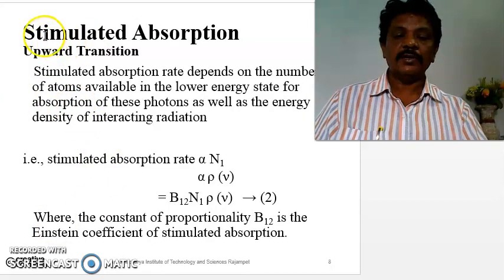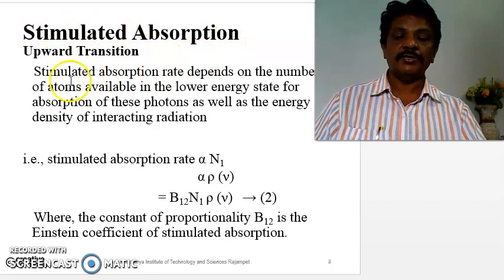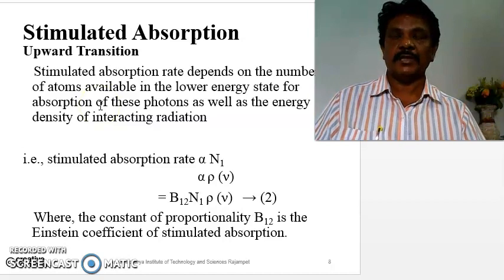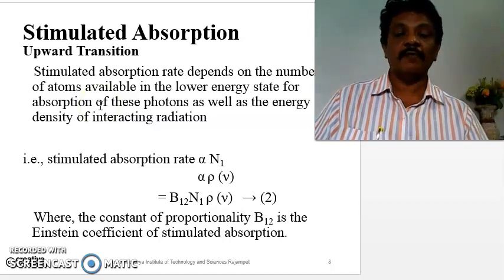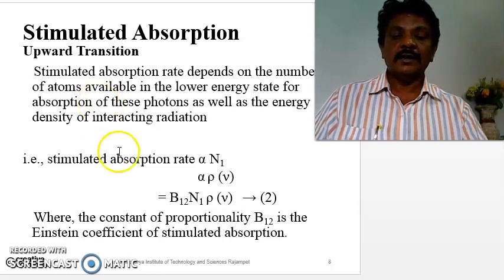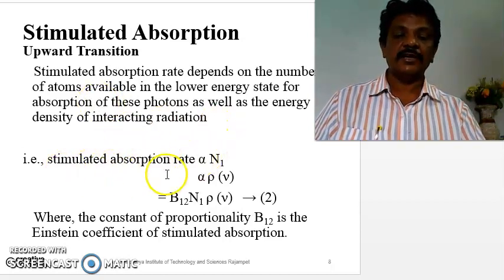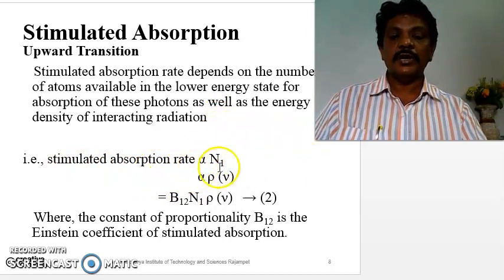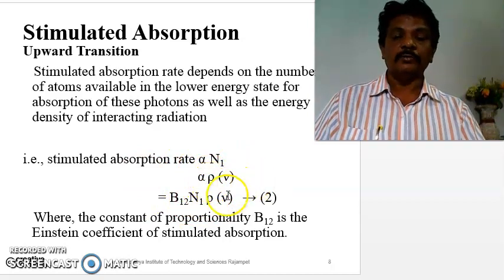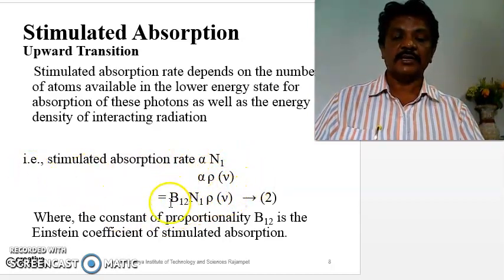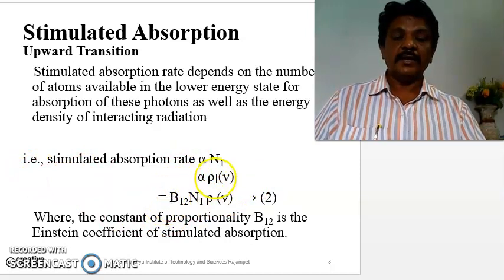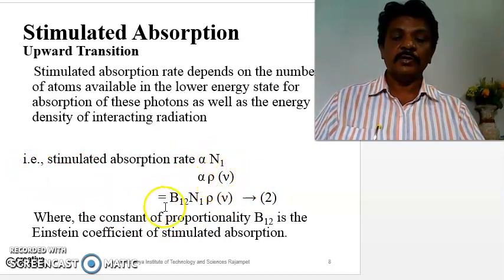Let us know first about stimulated absorption, the upward transition. The stimulated absorption rate depends upon the number of atoms available in the energy state E1, that is N1, as well as the interacting radiation. It is directly proportional to N1 and also directly proportional to rho nu. Therefore, stimulated absorption is equal to N1 rho nu B12, where the proportionality constant is taken as B12.